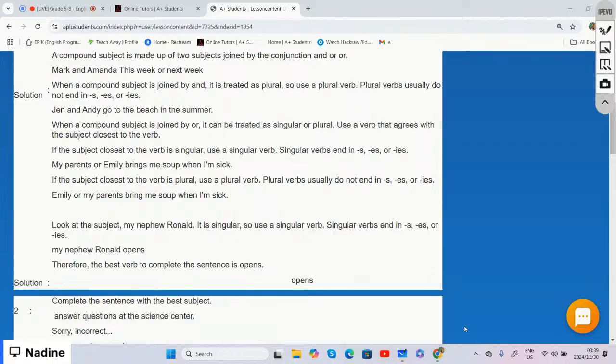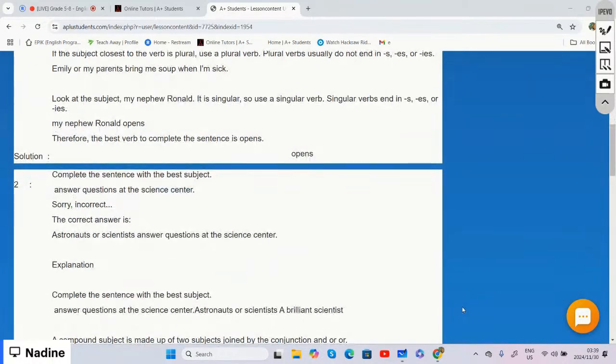All right. The next one says, it opens. The next one says, do we say a scientist or scientists answer questions at the science center?